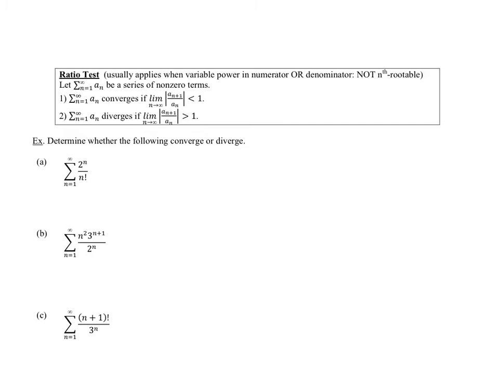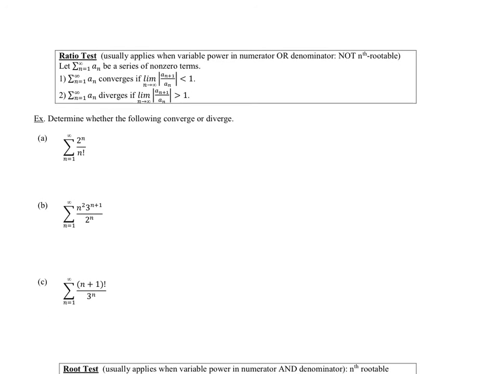What you want to be looking for are n's that exist top and bottom, but are not nth rootable. If that's the case, then what you're looking at is possibly, but I'll even say most likely, a ratio test situation. The exception being that you can simplify it in such a way that it ends up being a p-series, not a p-series, geometric series.